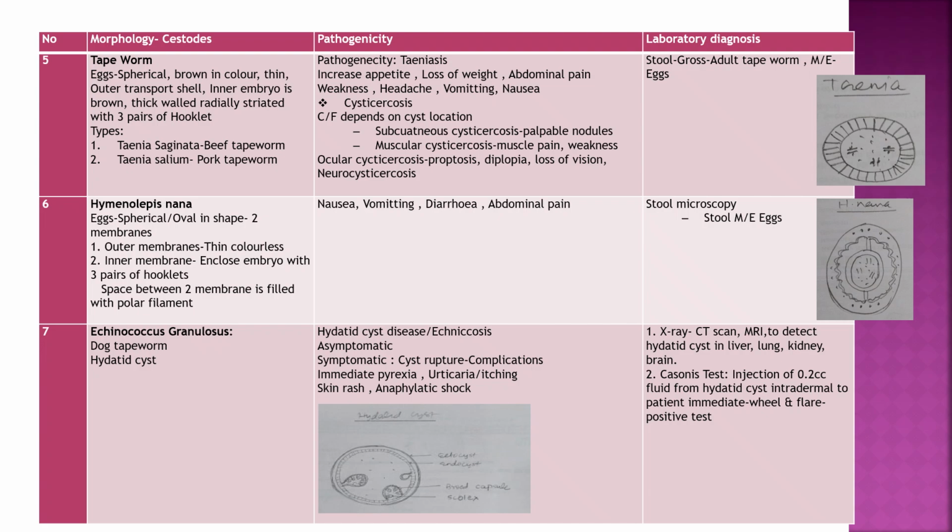Hydatid cyst disease: asymptomatic, or symptomatic; cyst rupture complications include immediate pyrexia, urticaria, itching, skin rash, anaphylactic shock. Lab diagnosis: X-ray, CT scan, MRI to detect hydatid cyst in liver, lung, kidney, brain. Casoni test: injection of 0.2 cc fluid from hydatid cyst intradermally to the patient, immediate wheal and flare reaction, positive test.